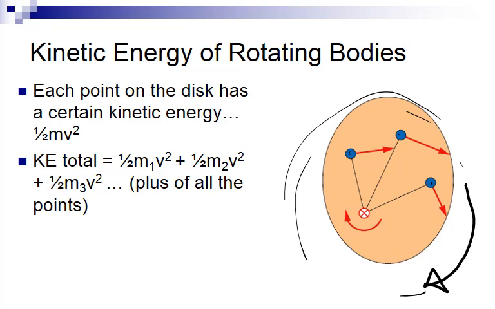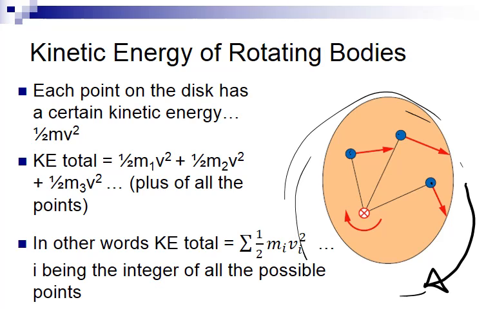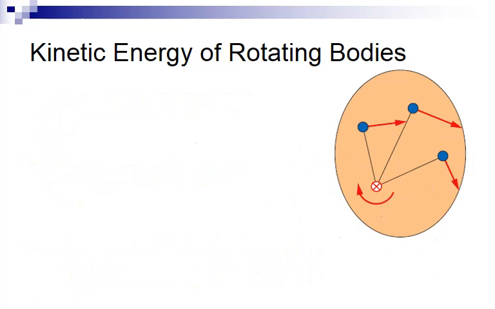So if we added up all the kinetic energies of all the different points, in this case, we're just listing 3 here, we could get a total amount. In other words, the total amount of kinetic energy is the sum of all the individual masses times all the individual velocities squared, where i runs over every single possible point.